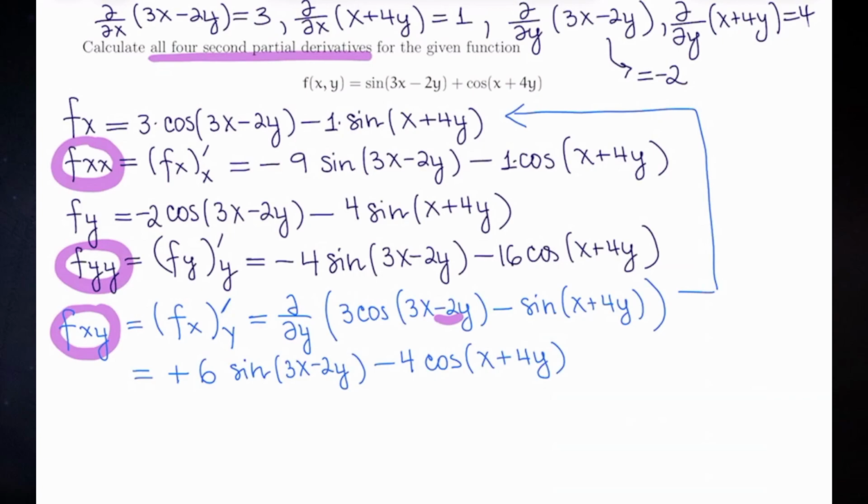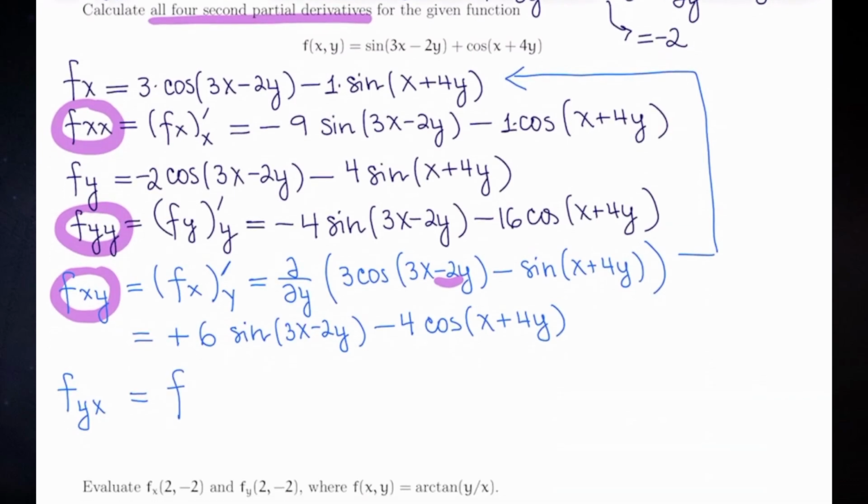All right, let's go ahead and compute our last second partial derivative. We've already done that one, so this would be f sub yx. What would that mean? This would be f with respect to y first, then with respect to x.